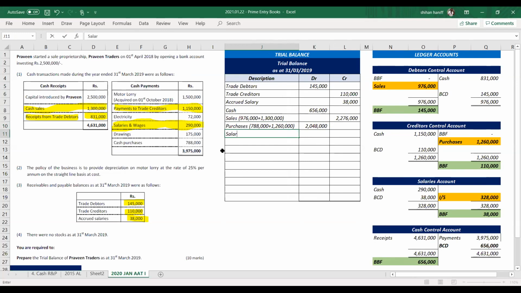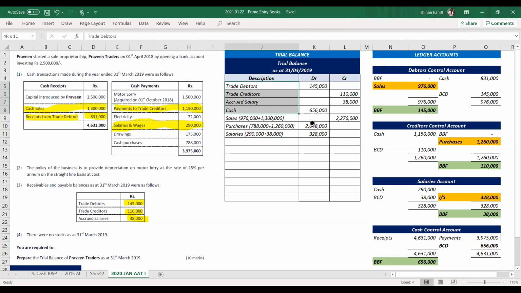Salaries. We got 328,000. So how did we get 328? It's the paid amount 290, and we added the payable balance 38. That's how we got 328,000.